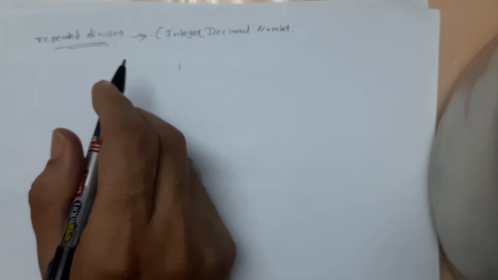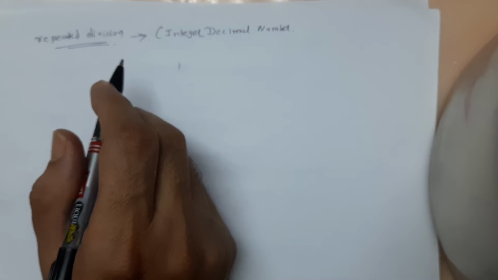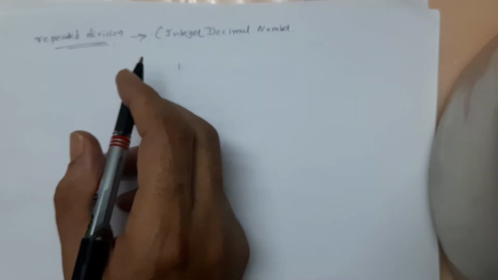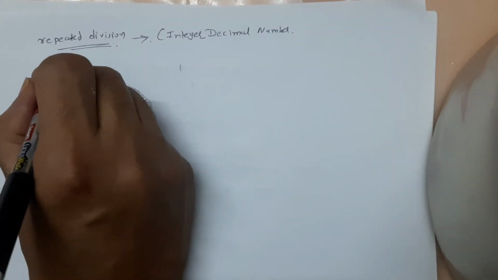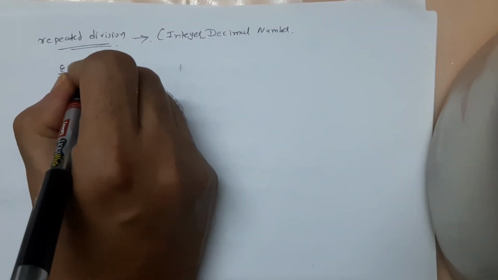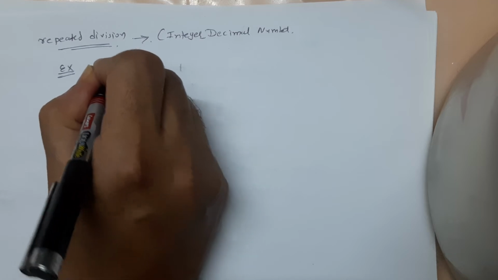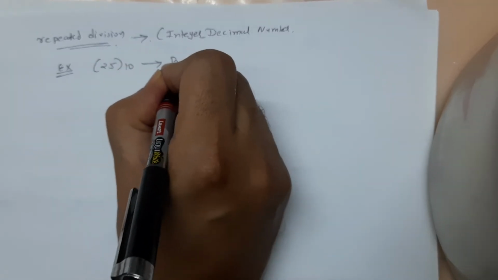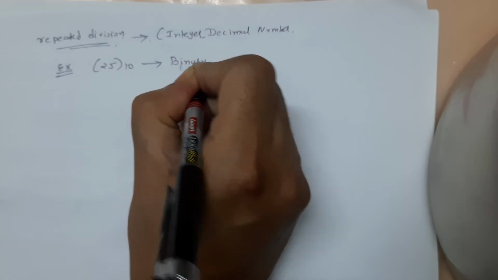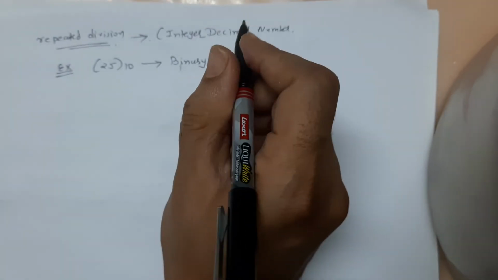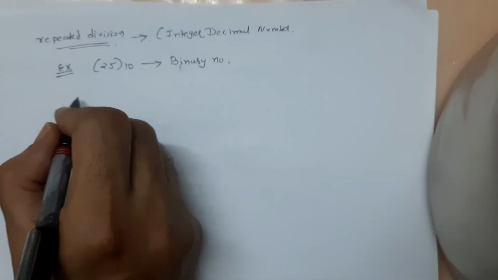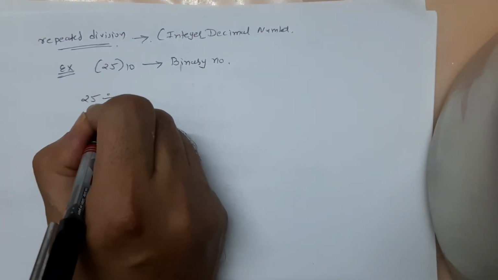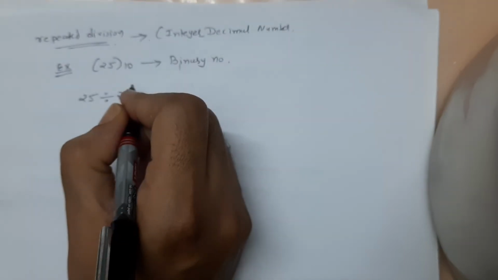We will discuss this with the help of an example. So the example is 25 decimal, to be converted into binary. How to convert? First of all, 25 is divided by 2.